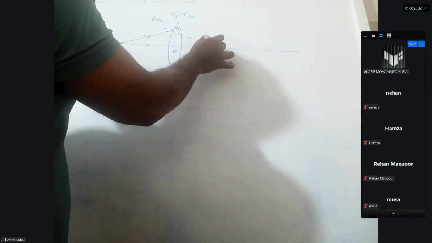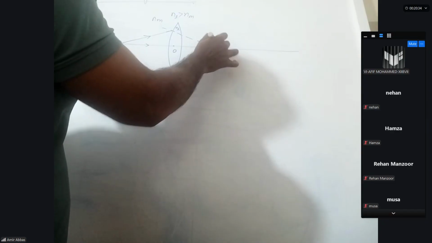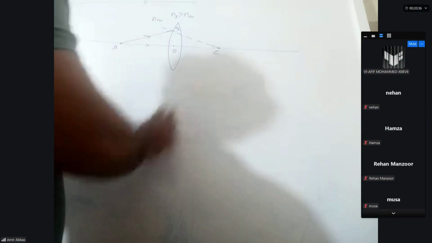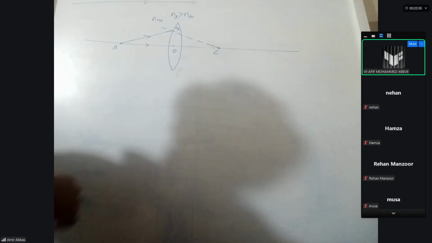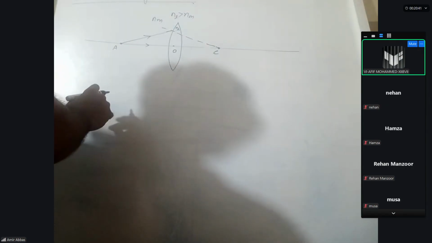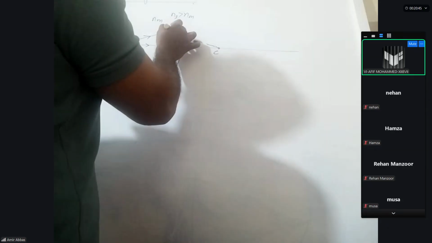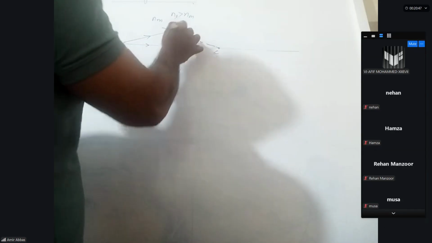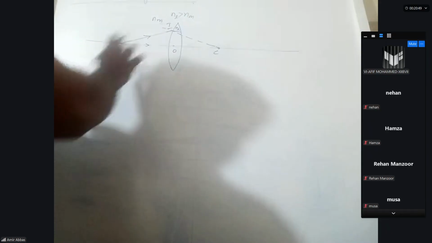So tell me in which direction the light ray gets bent at this point. It will bend towards the normal. So this is the first refraction that is happening at the first point.